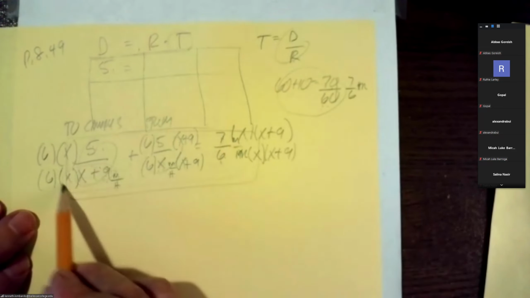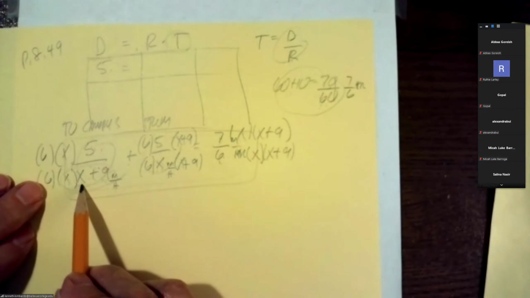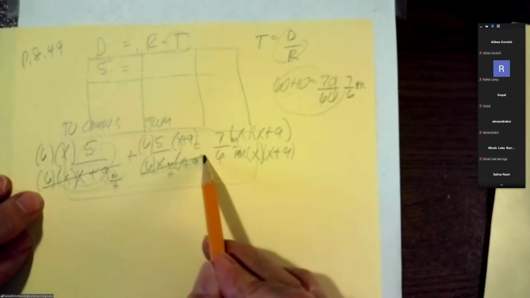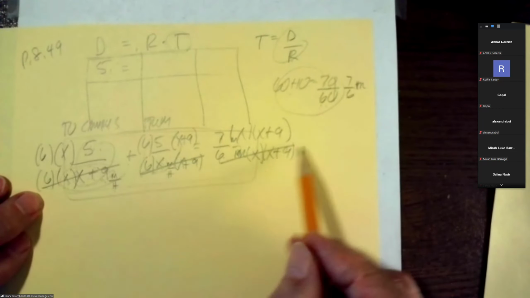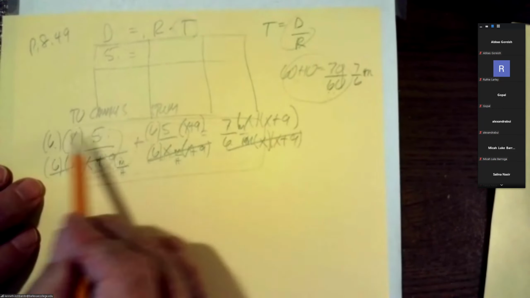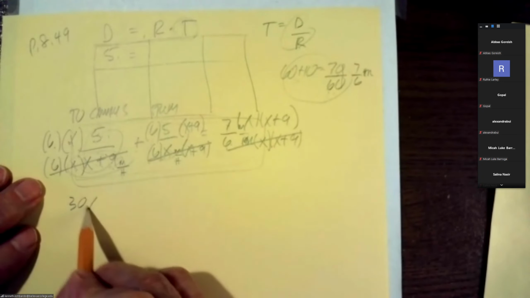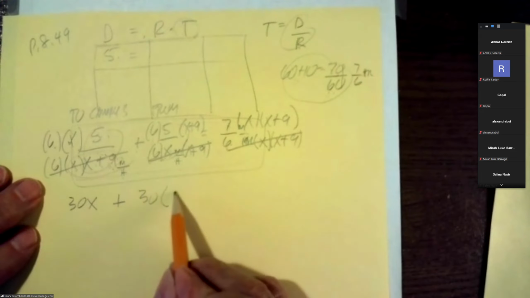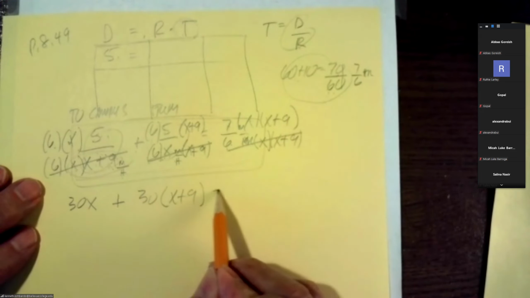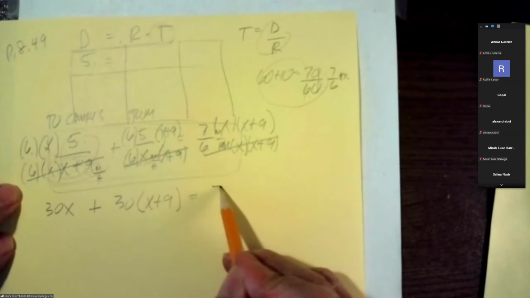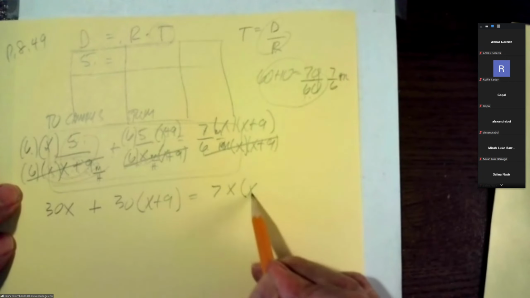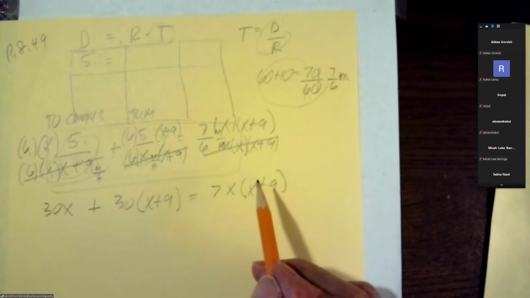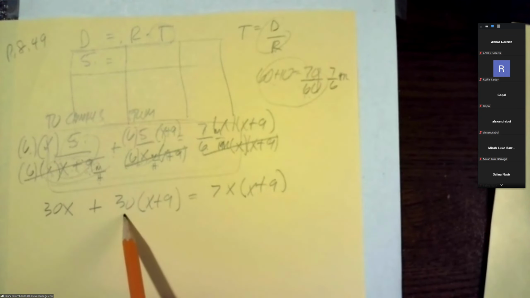So now we have a common denominator, 6x times x plus 9. If we multiply through by that common denominator, those will cancel. And so now we've got 6 times 5 is 30x plus 30 times x plus 9 equals 7x times x plus 9. So it looks like 30x.